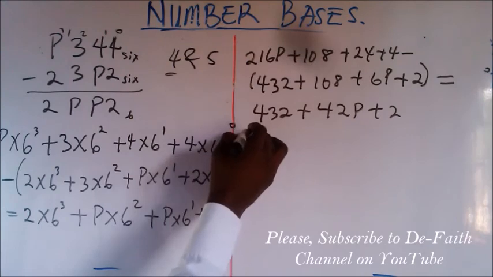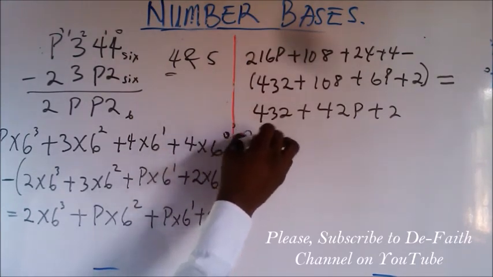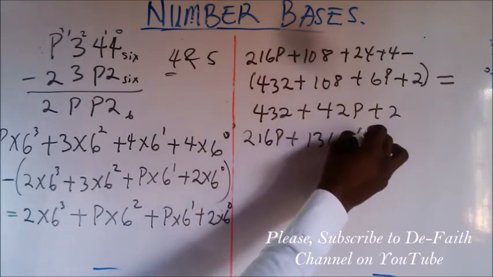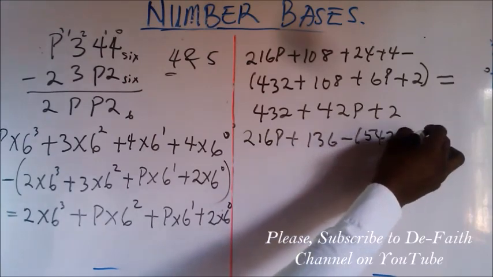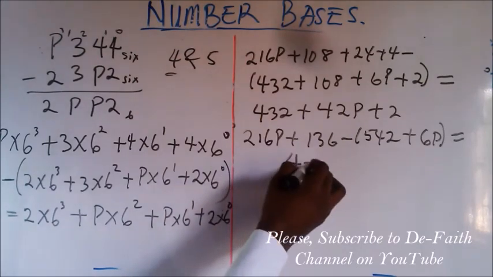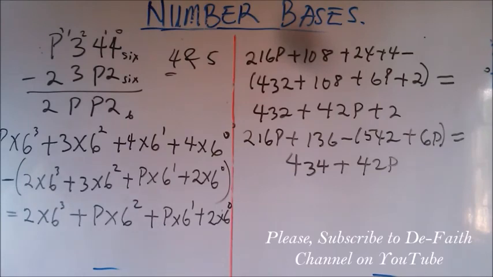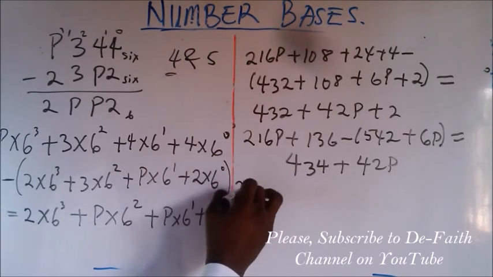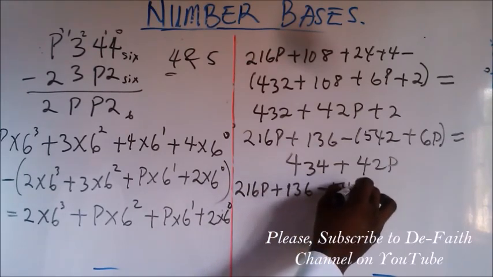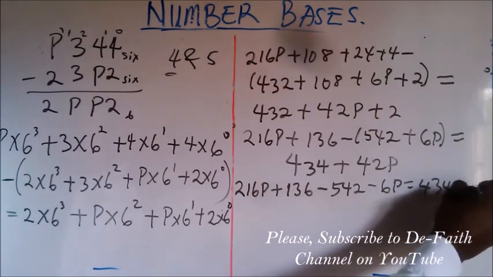So when we simplify and work this out further, we have 216P plus 136 minus 542 plus 6P, all equal to 434 plus 42P. So when we collect our like terms, we'll have 216P plus 136 minus 542 minus 6P equal to 434 plus 42P.